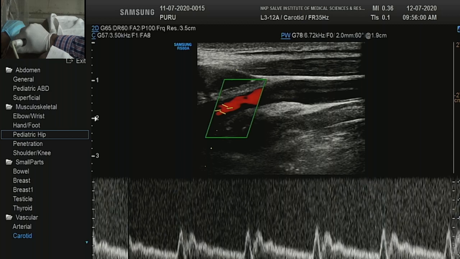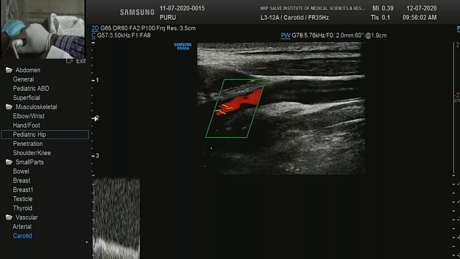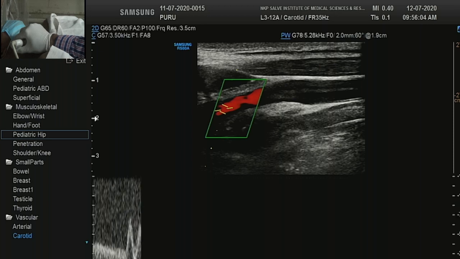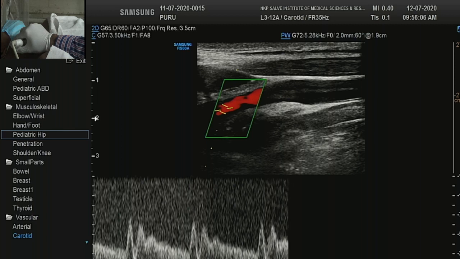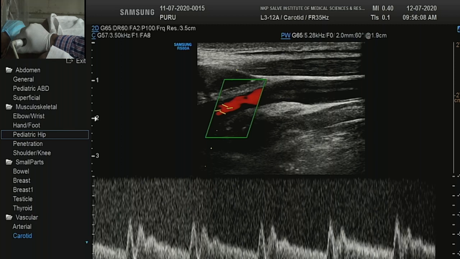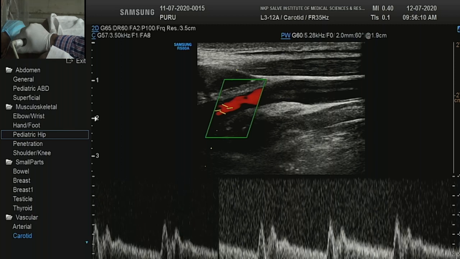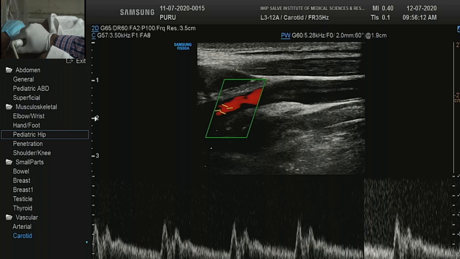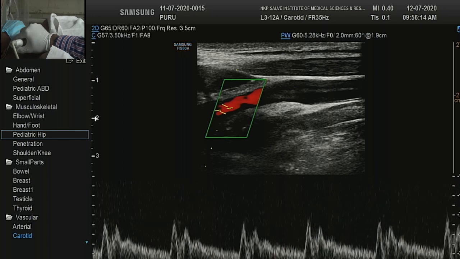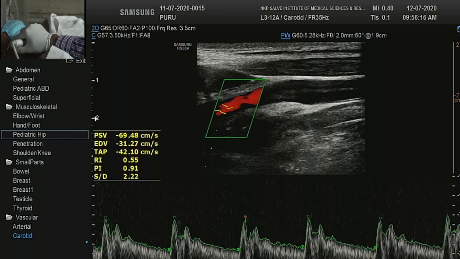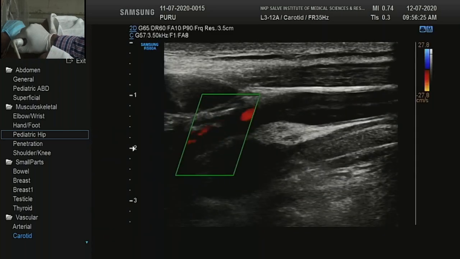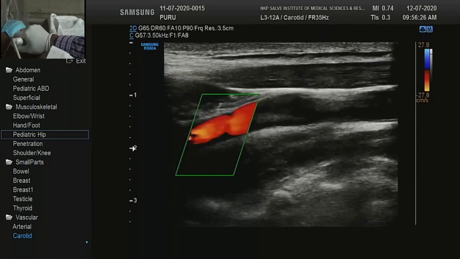See, the pattern has changed now. The diastolic flow is increased. I have reduced the gain, and you can see very nicely the peak systolic velocity is 70, EDV is 31. So our survey and evaluation of internal carotid is complete.